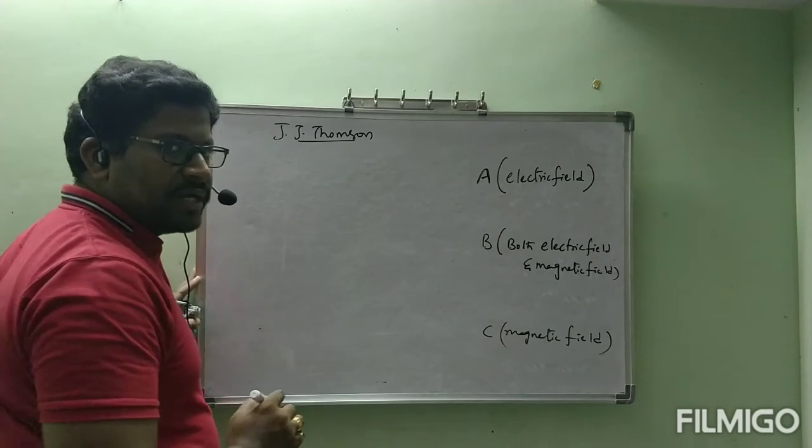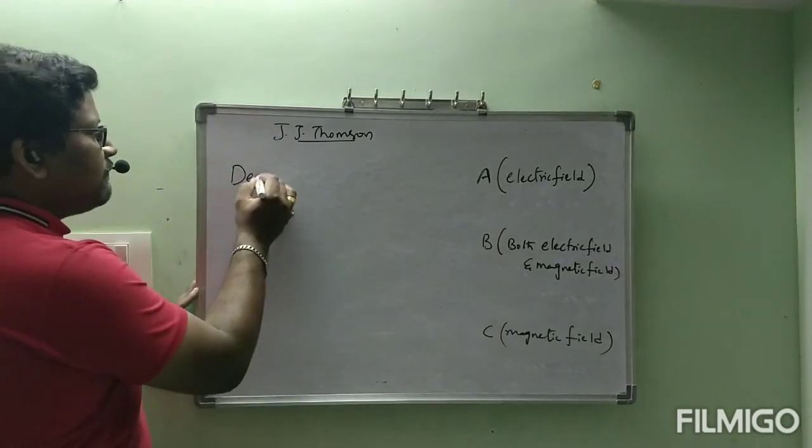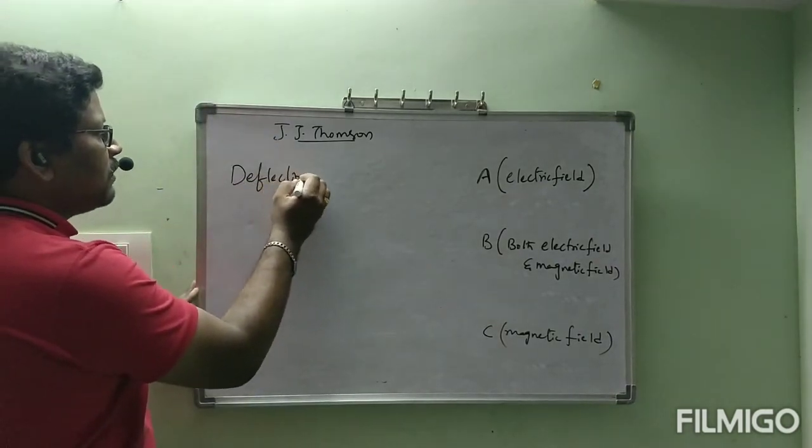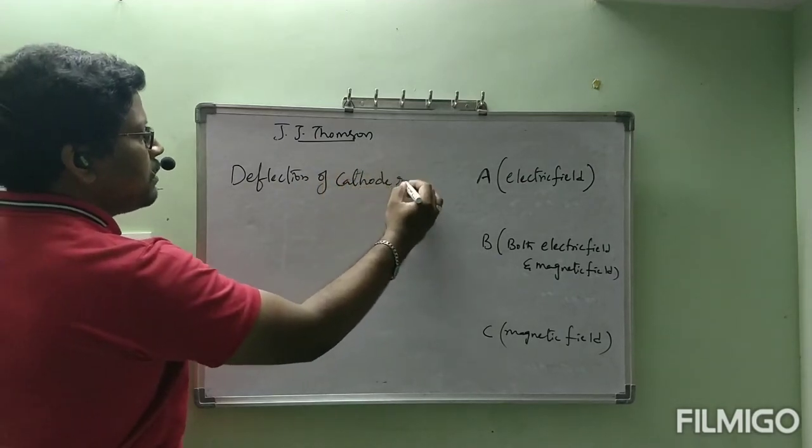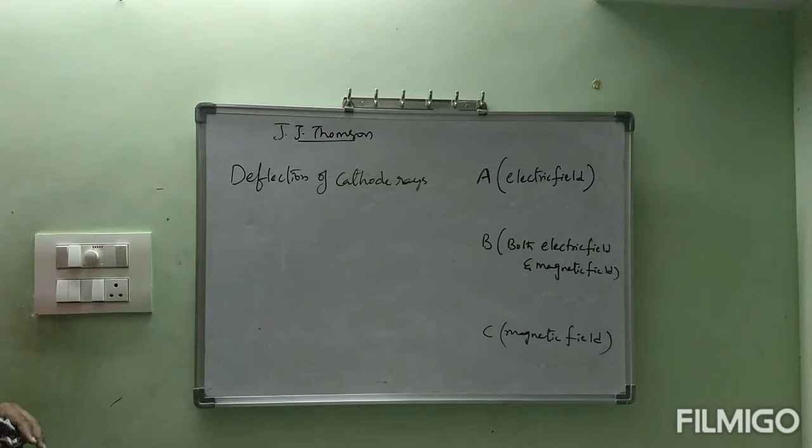So the important point here, that you have to observe, is the deflection of cathode rays. Deflection of cathode rays at point A is because of application of electric field.